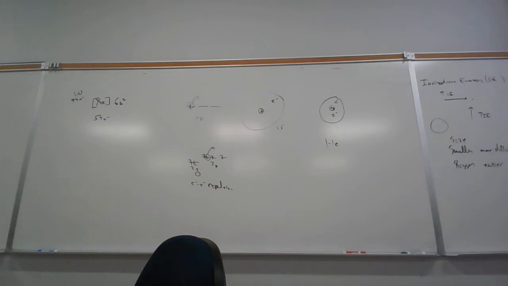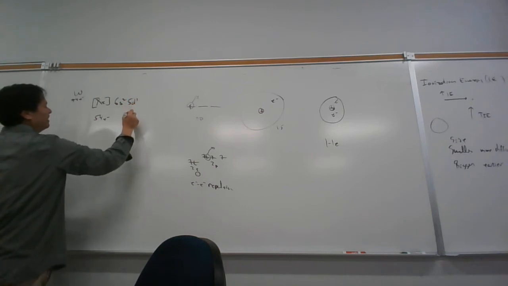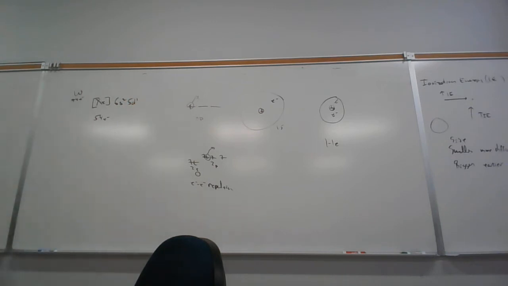57 is, okay, if this is 6s, this would be 3d, 4d, 5d. And so 57 is 5d1. This is really weird. And then I have to go to 58. 58 is down here. Do you see that?